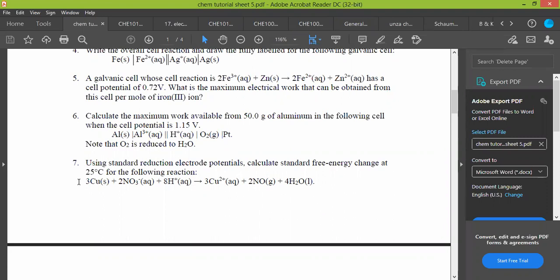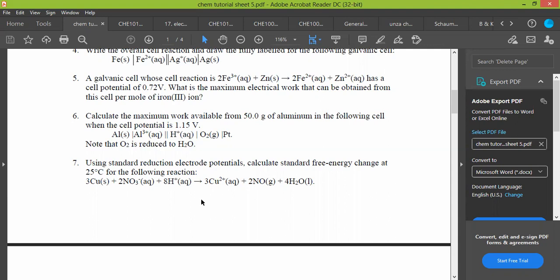Since copper on the reactant end is solid, and if you check on the product end, it is +2, the oxidation state has already changed. This simply means that copper is being oxidized. So we write the oxidation half equation: copper gives copper 2 plus plus 2 electrons.